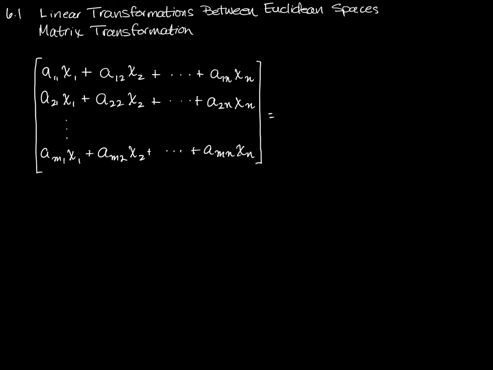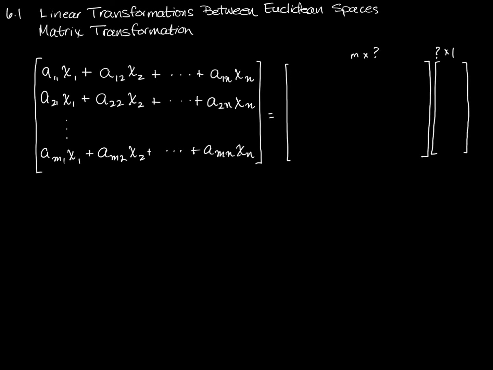I might have arrived at that column matrix by multiplying together an m by something matrix with a something by 1 matrix.